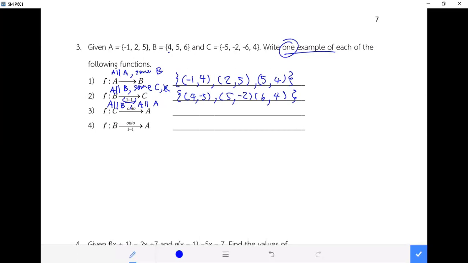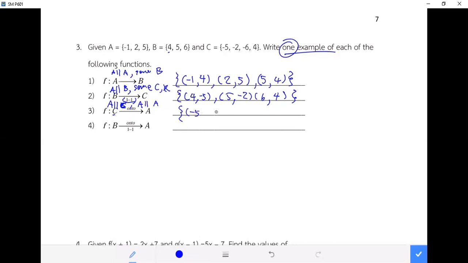All B, all A, like that. All B, all, no, this is C, right? I'm sorry, I have to use C like this. All C, all A, but A is repeatable. Fine, because this is not 1 to 1, so we can go all C, right?